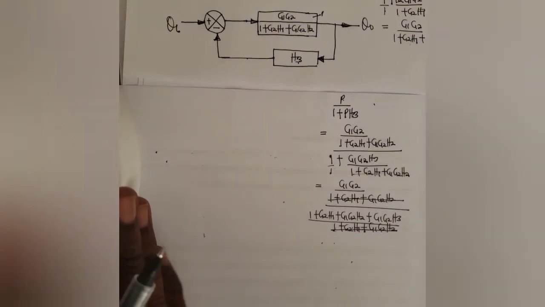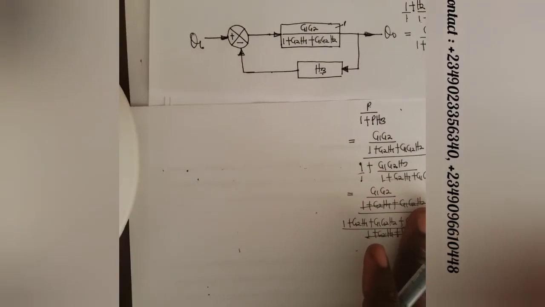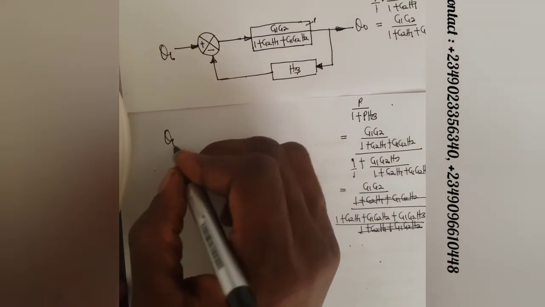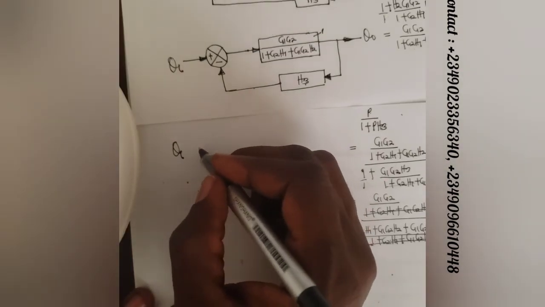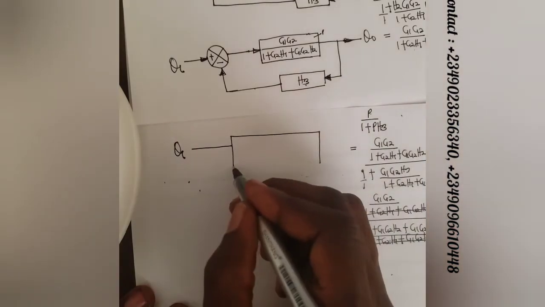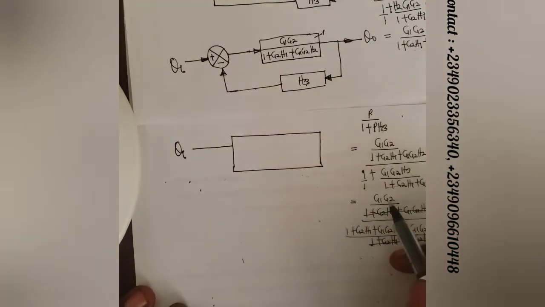So if I redraw my diagram now, this is what I will be having. I'll have my input signal now to be having this, and that's going to be what?